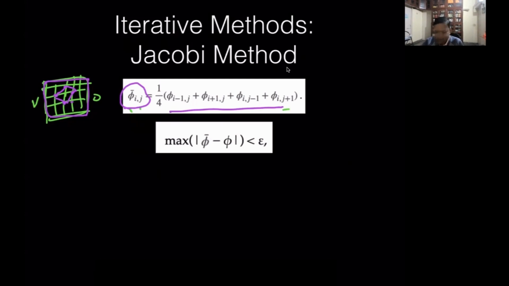Once I have updated it, I replace phi by phi bar, and loop again, and keep doing it until the maximum of phi bar minus phi, which is a function of the grid, is less than some tolerance limit epsilon. Once I reach this limit, I stop. I say the phi bar is a good approximation to the potential.